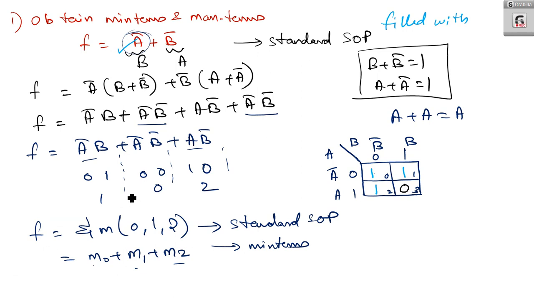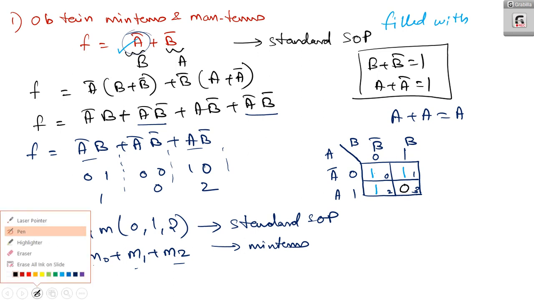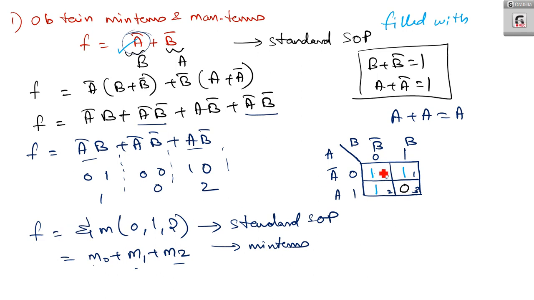Now, if you are looking into the K map and its corresponding decimal equivalents, which cells contain 1? 1 is contained in this cell, and this cell. Yes, 3 cells contain the value 1. So write the decimal equivalents in sigma form. That is f is equal to sigma m 0, 1 and 2.